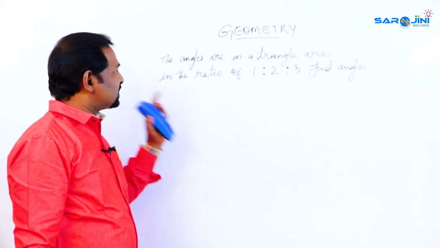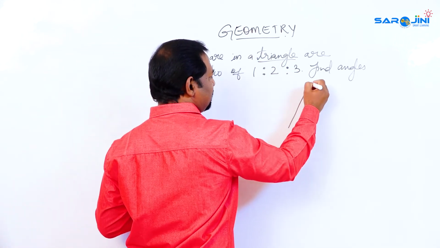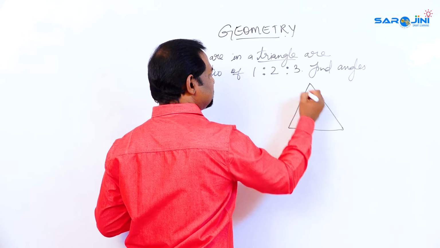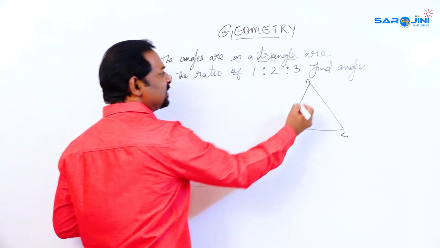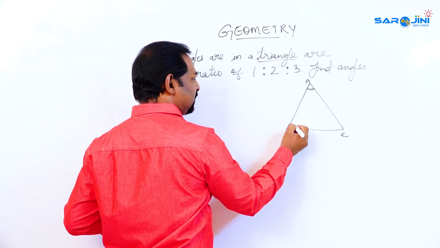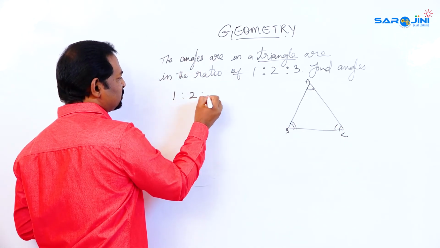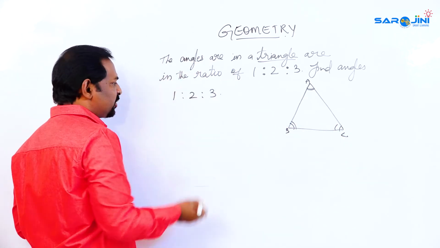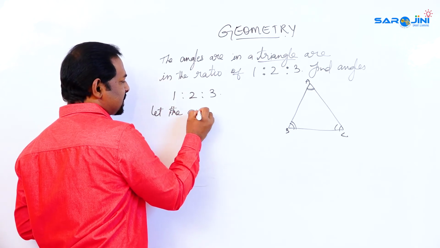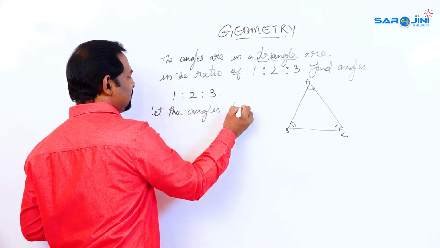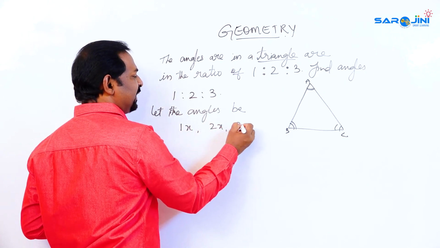So there is a triangle. Draw a triangle, this is A, B, C. Now the angles, whatever they may be, are in the ratio of 1:2:3. You can assume the angles to be 1x, 2x and 3x.